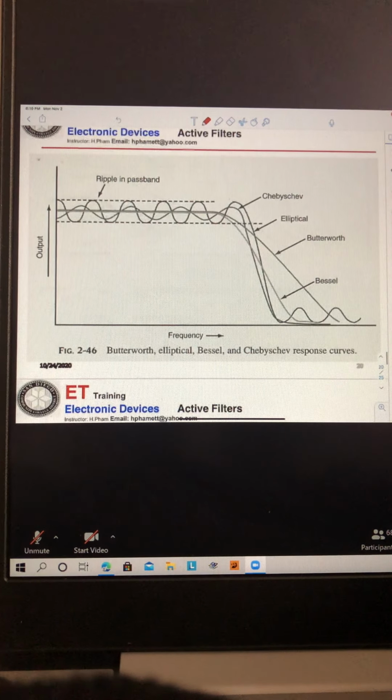Also in here, they're just telling you about different types of filters from different engineers. First you get Chebyshev, elliptical, Butterworth or Bessel. The only thing they show up here: which one do you think is the good one for the filter? Okay, you can see the ripple. Ripple in the band means you get noise in the band.